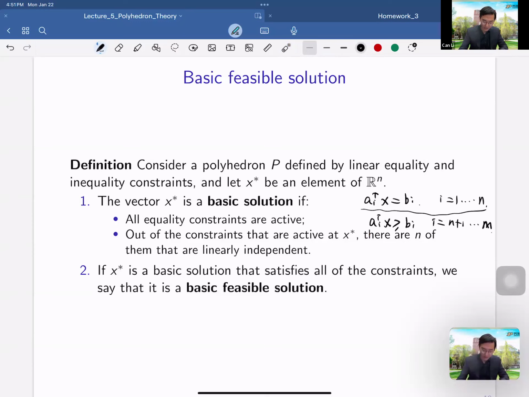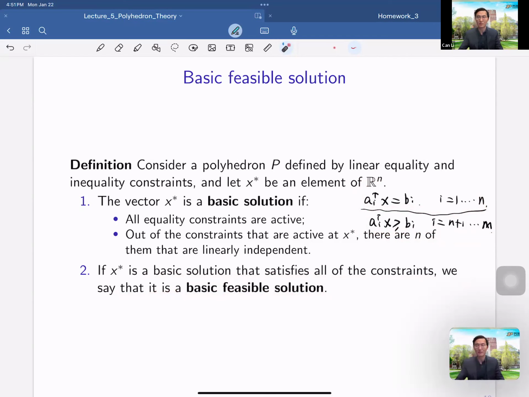If the solution of this linear system also satisfies all the other linear inequality constraints, then that means this is a feasible solution, right? So that's the definition of a basic feasible solution. If the basic solution satisfies all of the constraints, including those linear inequality constraints as well, then we say it is a basic feasible solution.